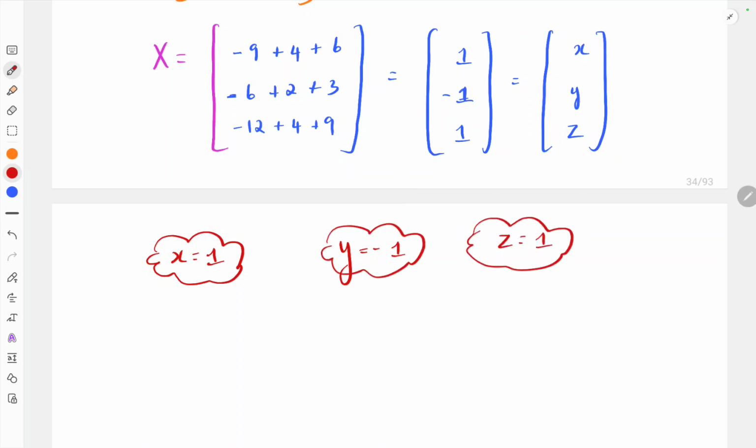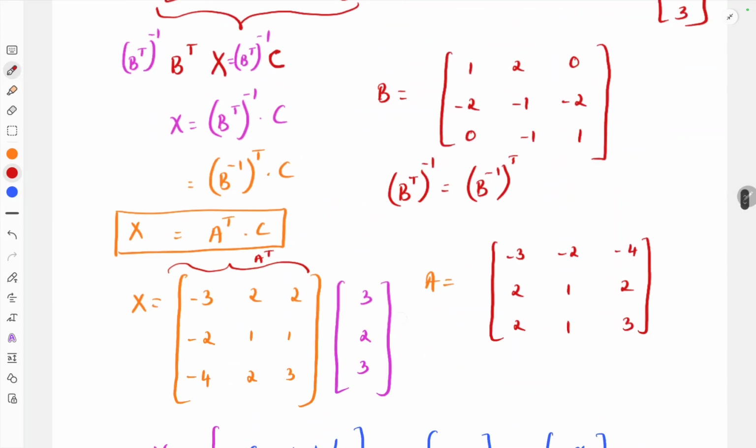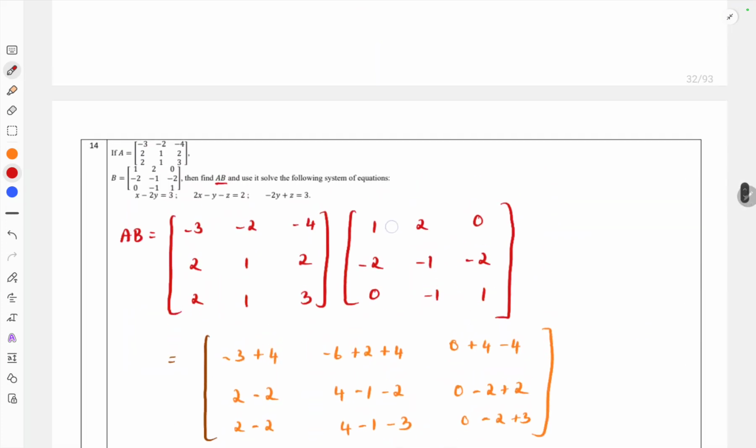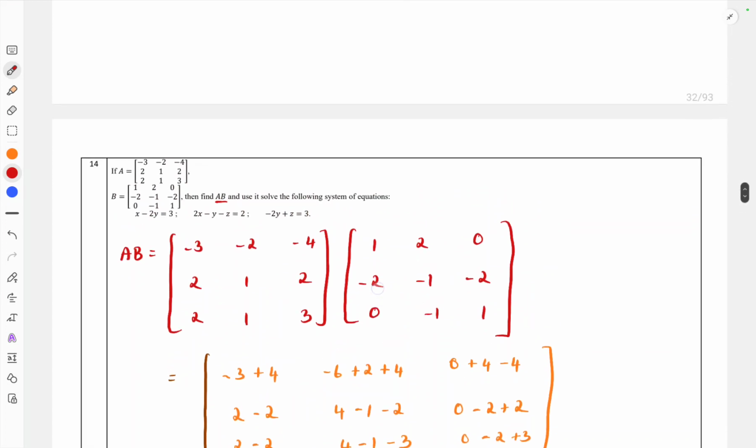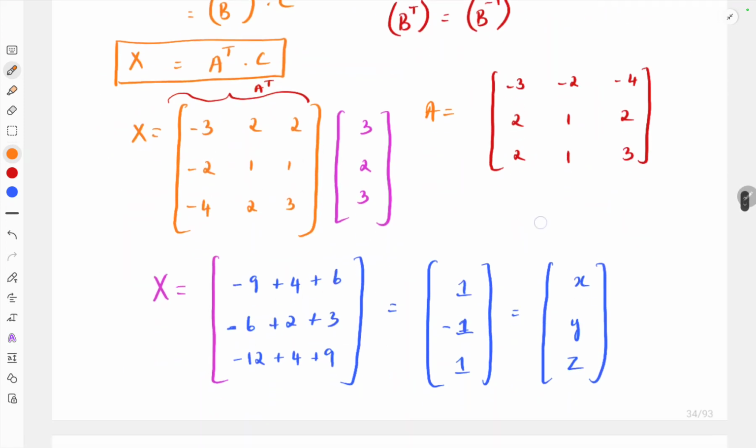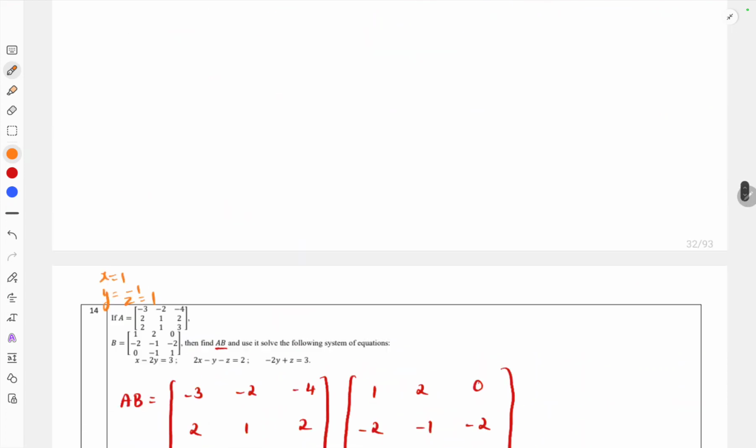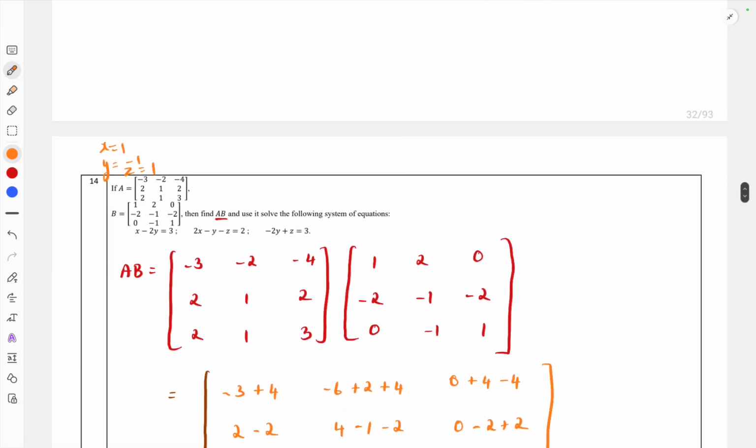After this we have to check whether our answer is correct or not. We got x equal to 1, y equal to minus 1, and z equal to 1. In the first equation I will substitute these: 1 minus 2 into minus 1, so 1 plus 2 equals 3. The first equation is satisfied.